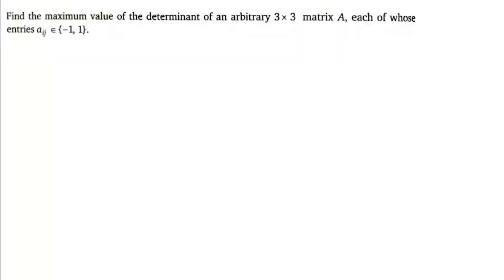Now here the question is, find the maximum value of the determinant of an arbitrary 3 cross 3 matrix A, each having entries as plus 1 or minus 1. Now we choose this A as A1, A2, A3, B1, B2, B3, and C1, C2, and C3.